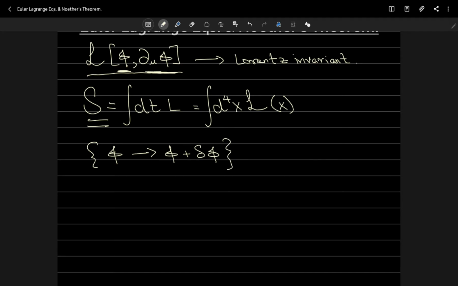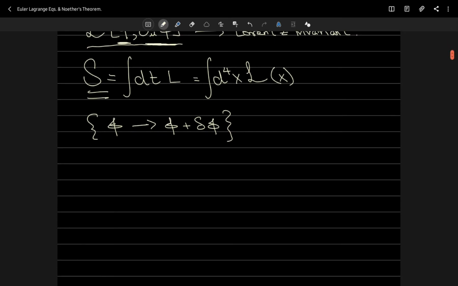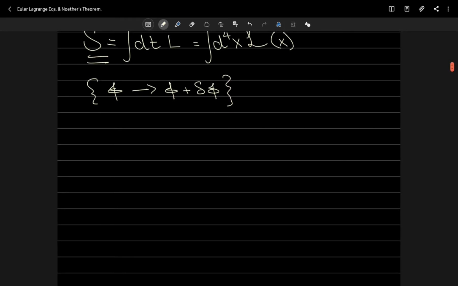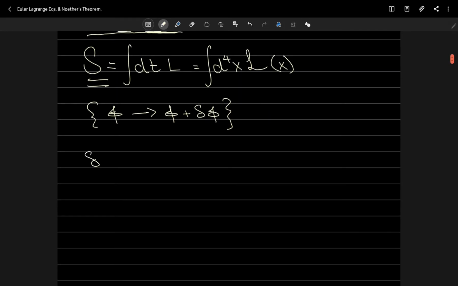Now let's not start with an example. Let's just write down what delta S is. But also know that from the principle of least action, delta S is 0.